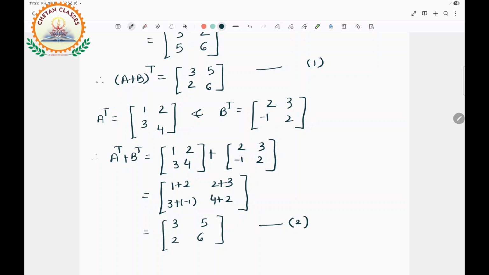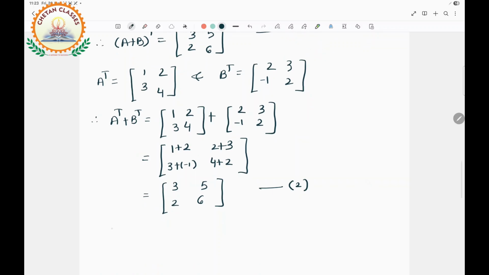Now equation number 1 and equation number 2, right hand side is same. So therefore, from 1 and 2 we get A plus B transpose is equal to A transpose plus B transpose.